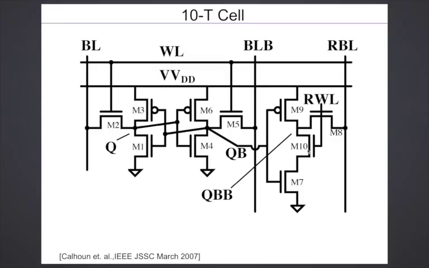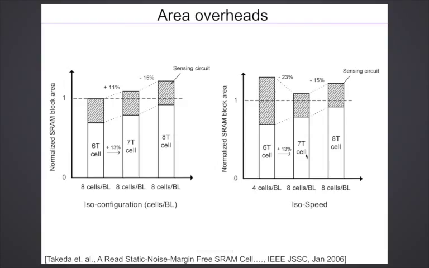In the graph, when we compared 6T and 7T, the previous graph, why did we take 4 cells for 6T?